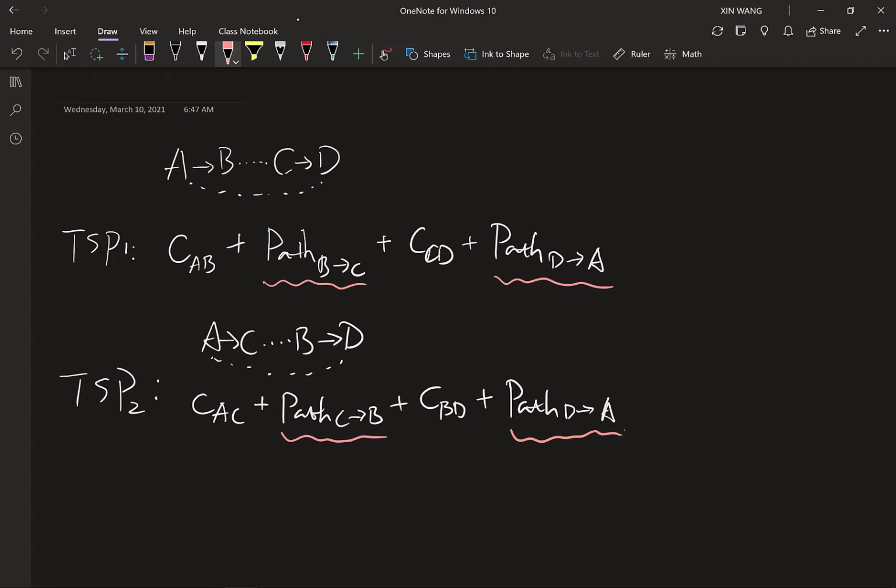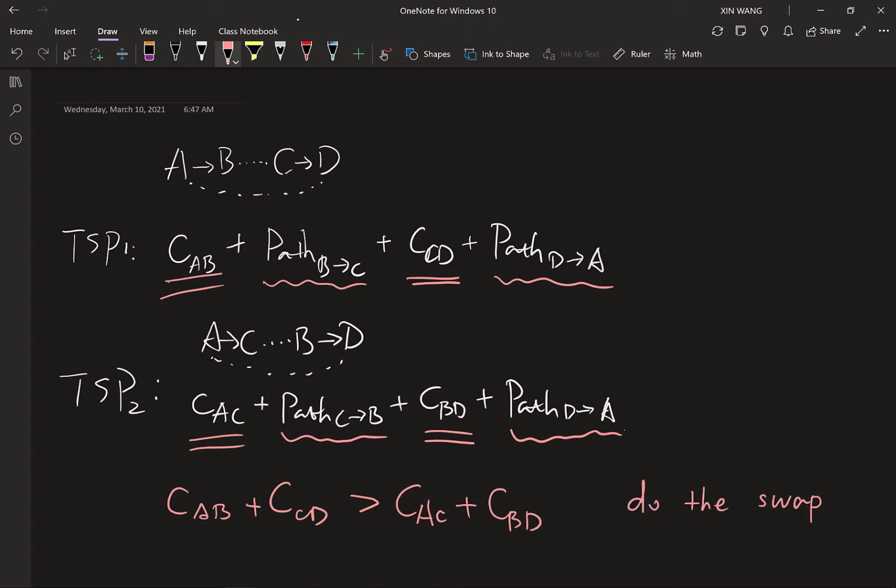So the only difference is the summation of the distance from A to B and the distance from C to D, compared with the summation of the distance from A to C and the distance from B to D. So if d(A,B) plus d(C,D) is greater than d(A,C) plus d(B,D), then we know that we can do the swap. So we try to enumerate all possible 4-node subsets.